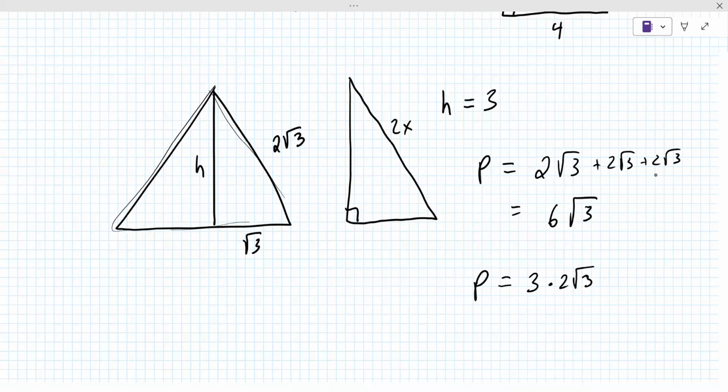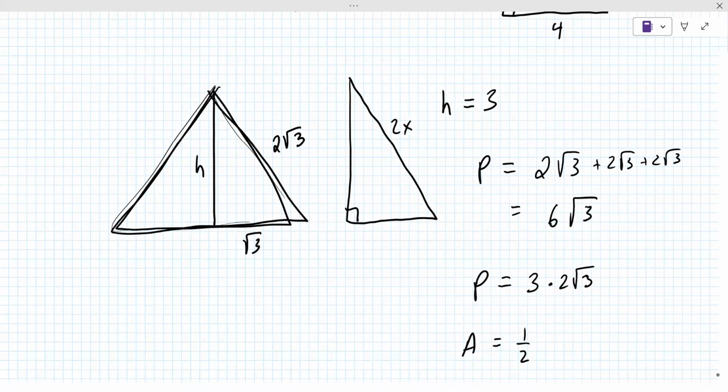Okay. Now, last one here. What is the area of this triangle? The big one. 6 square root 3 times 2 square root 3 times 3. 18. So tell me how you came up with that. What did you multiply? 1/2.